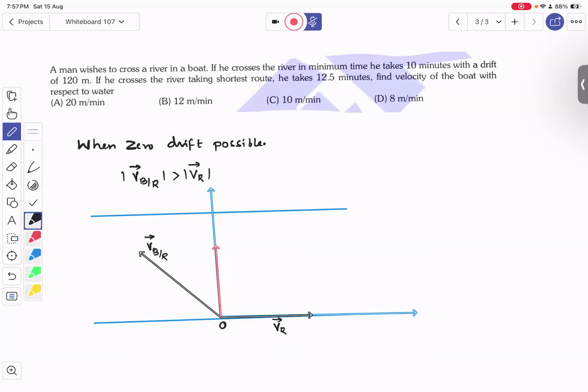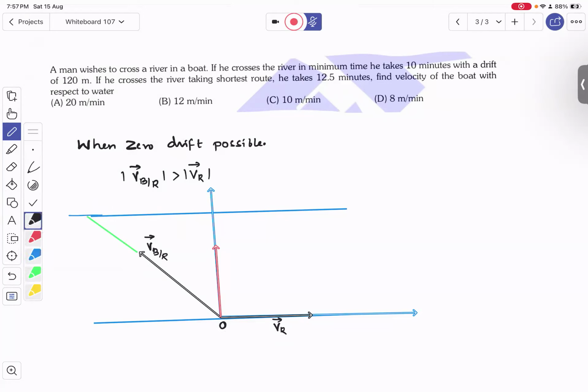So the boat will be trying to steer itself. If I extend this arrow, just a moment. So the arrow VBR is intersecting the other side of the bank.